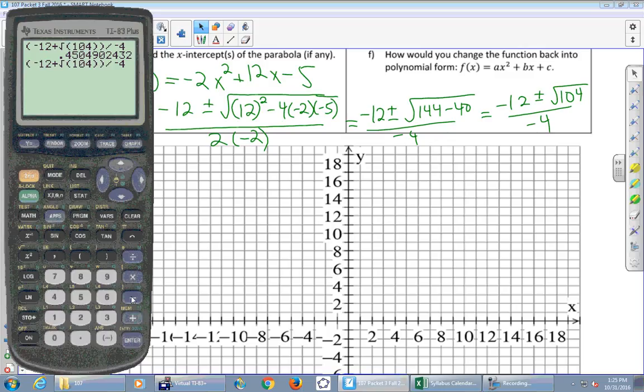Just minus instead of plus. And so it's actually pretty quick to type them both into the calculator if you type it in one shot like I did up there, but that means extra parentheses. Okay, so we've got our answers here. We'll just go to the nearest hundredth. So this is roughly 0.45 or 5.55.